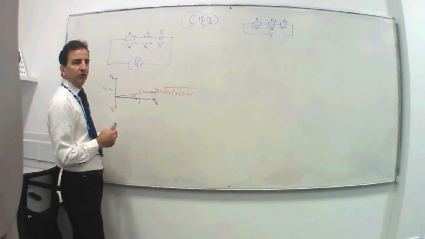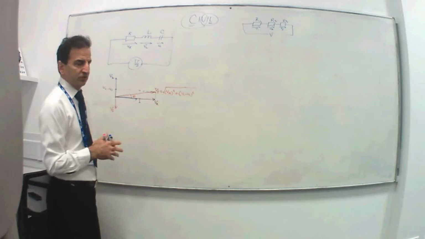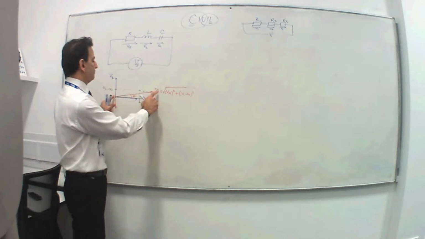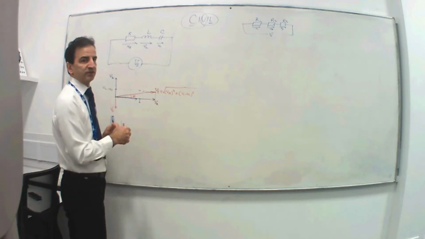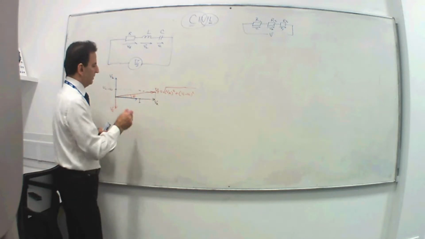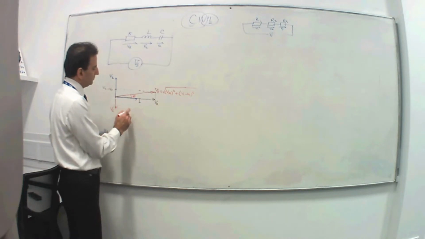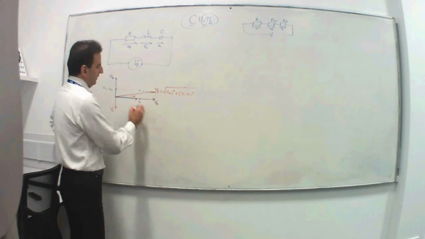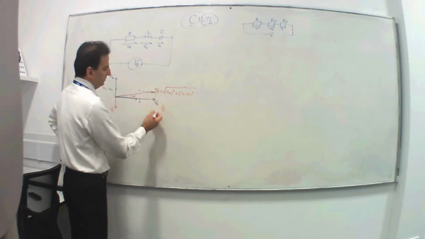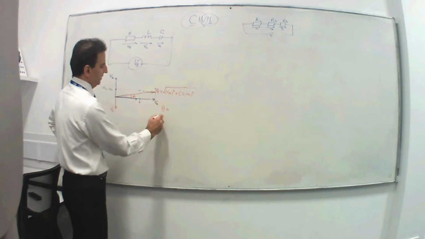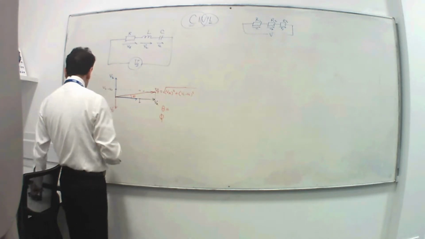That's also called, when we get to the polar notation, the modulus of the voltage. And this phase angle is called argument. How do we find the phase angle? You can say theta, you can say phi, however you name it, doesn't matter.